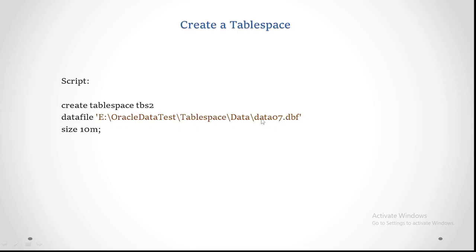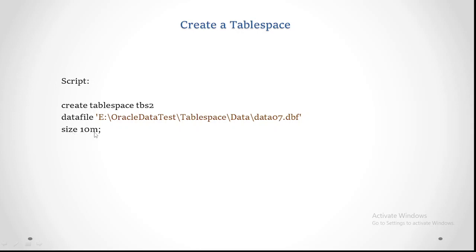This is the data file extension. You can name it anything, data07, data01, or users, but it should be mentioned with the creation of the tablespace. And the size of this data file is 10M.